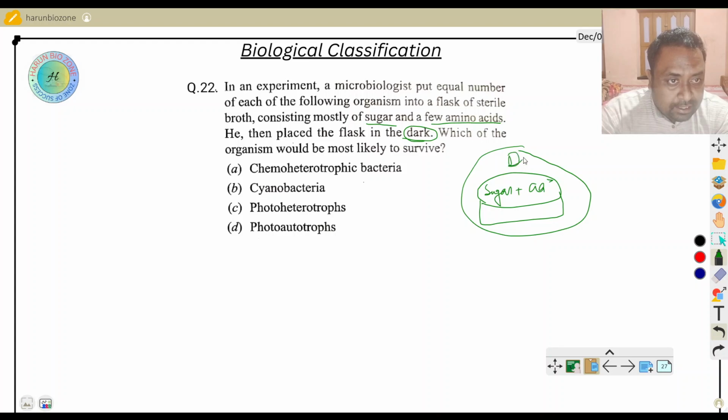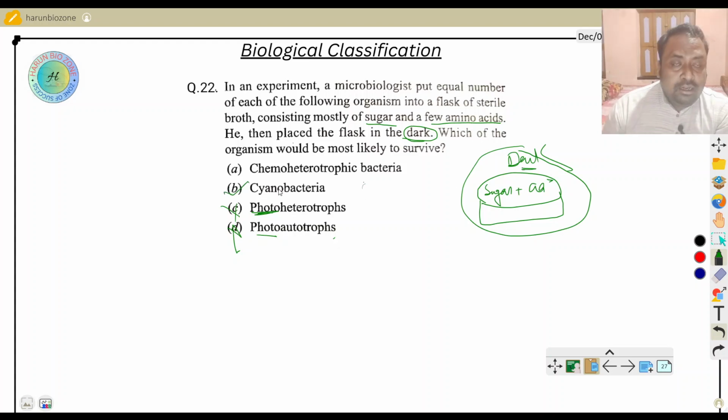Okay, dark. So here photoheterotroph: photo means light, so to produce food it requires light. Here also light is required. These two answers are not correct because during dark conditions these organisms do not survive.